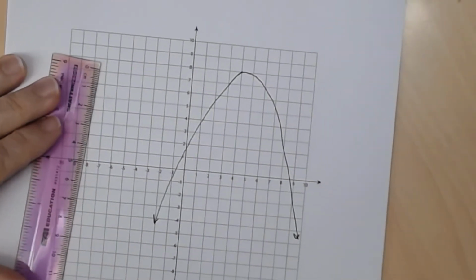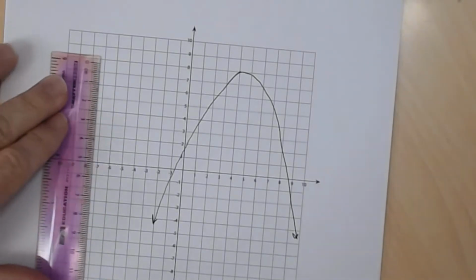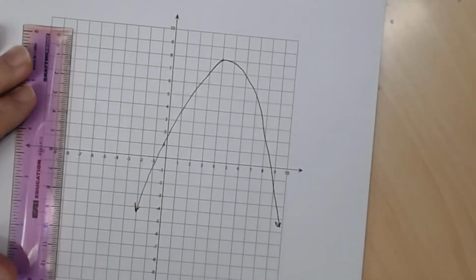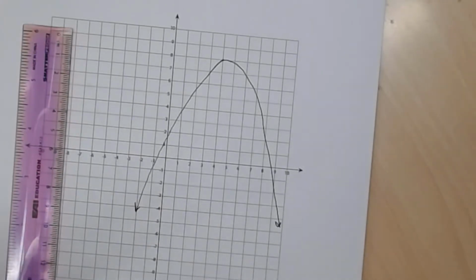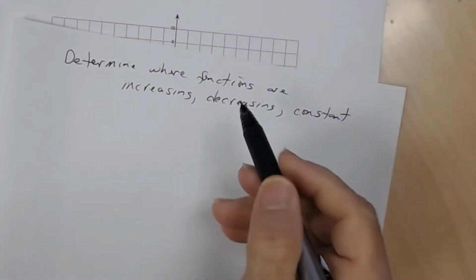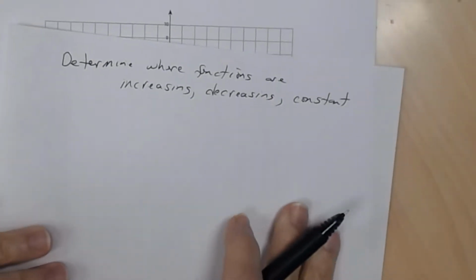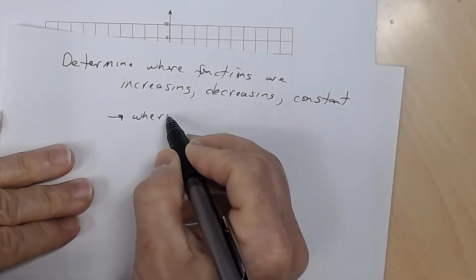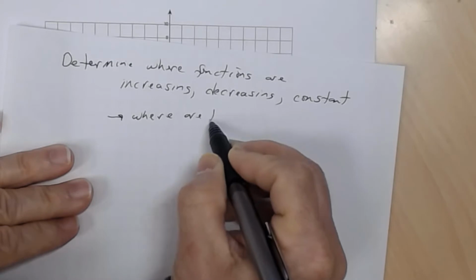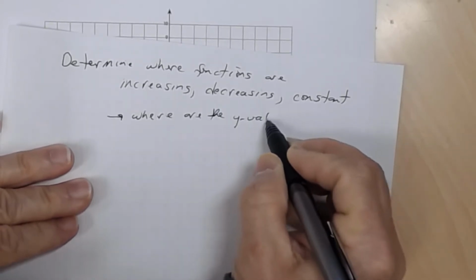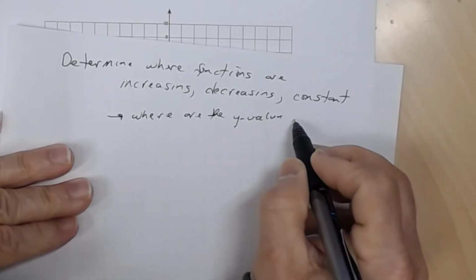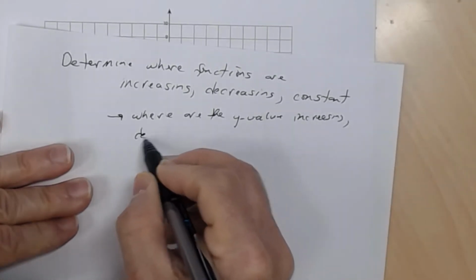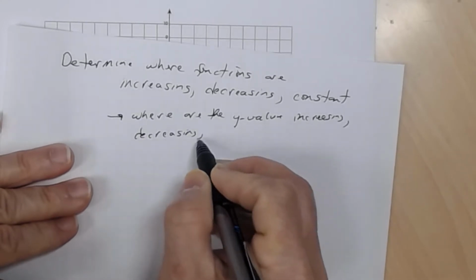Just like you would with the domain, remember you go from left to right, correct? So along the x-axis. What I want you to think is this: when you're looking at where functions are increasing, decreasing, or constant, you're asking yourself, where are the y values increasing, decreasing, or constant?